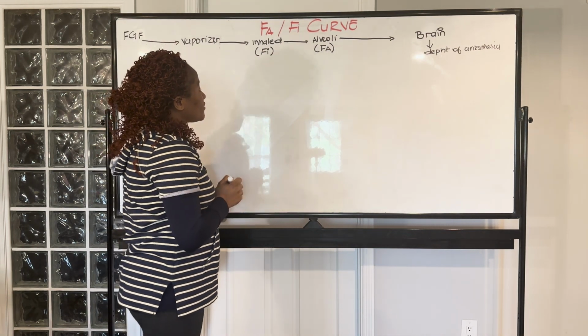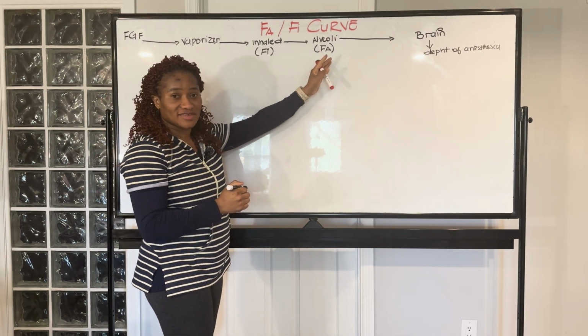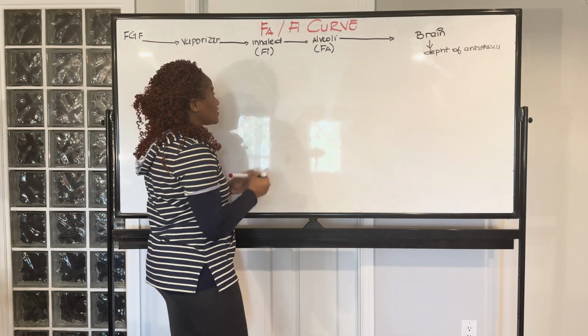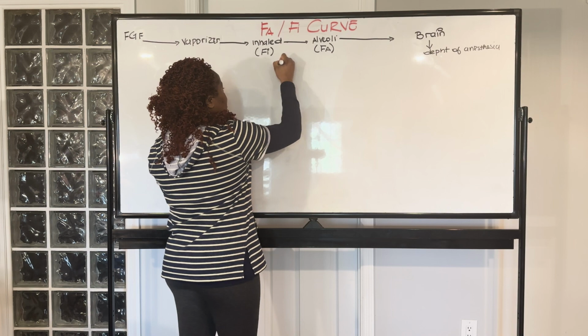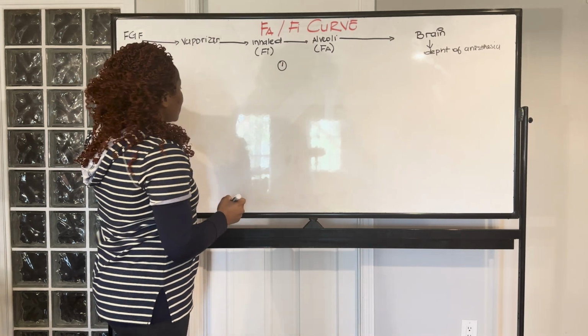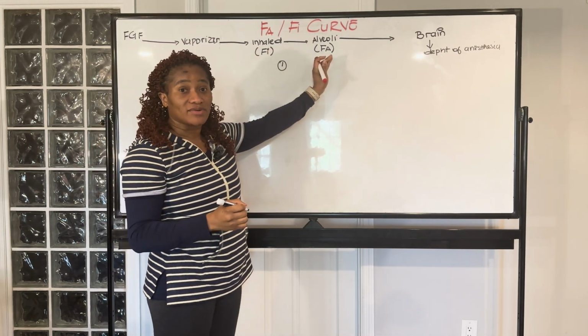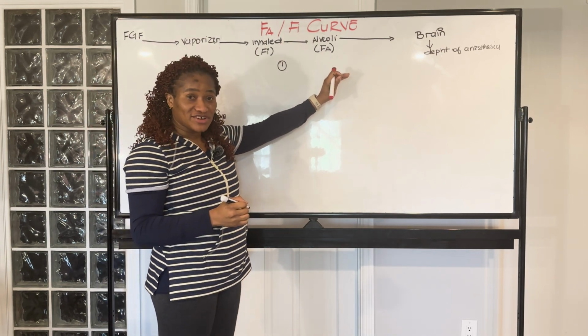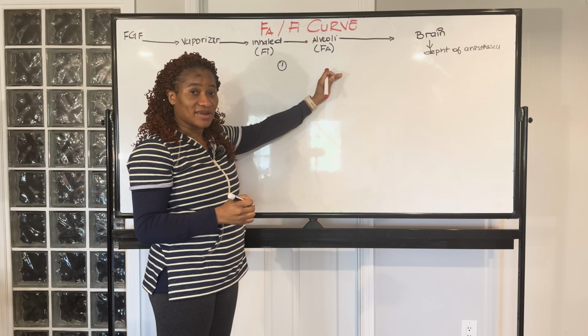So the alveolar fraction has two main determinants that we need to talk about. The first determinant is going to be the rate from the machine to the alveoli, which is going to determine how much concentration we have in the alveoli.